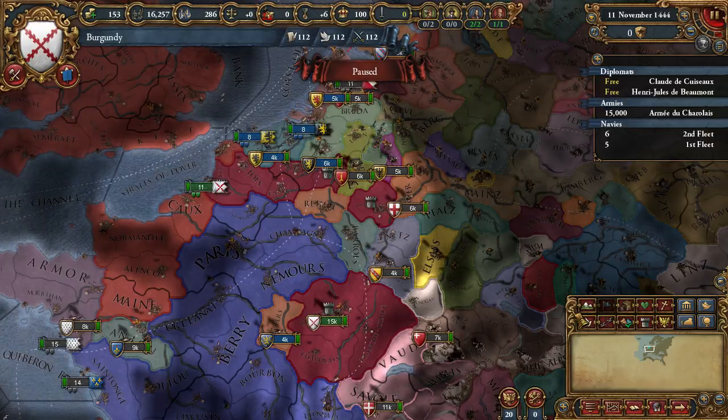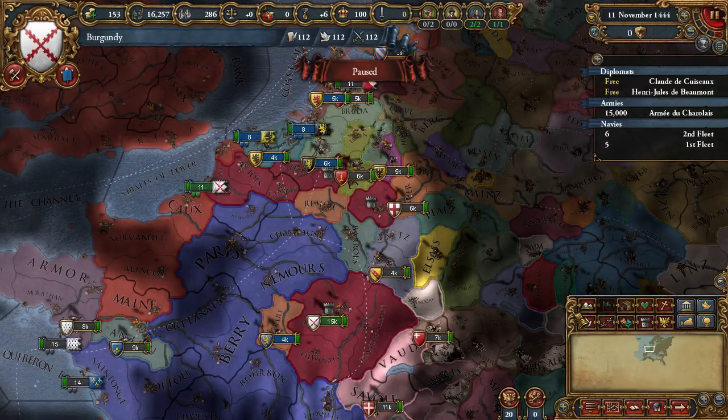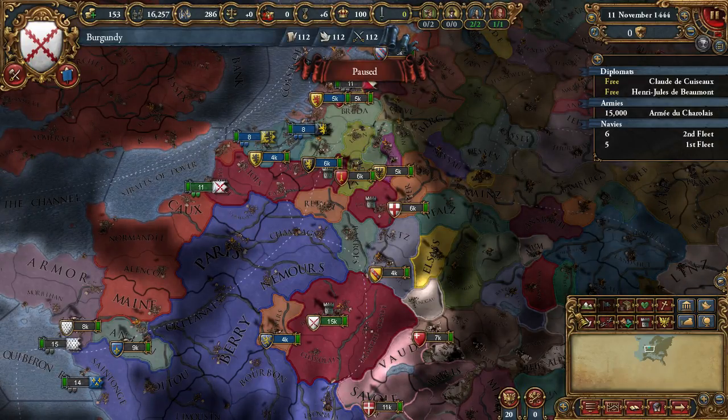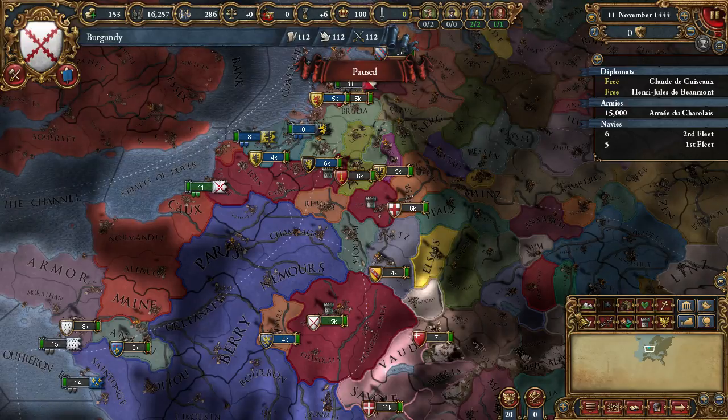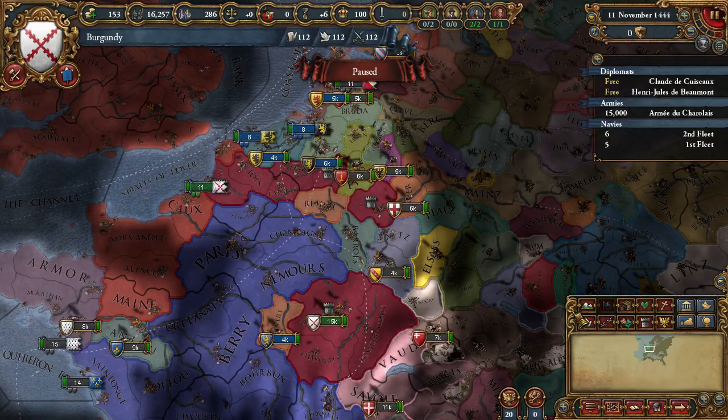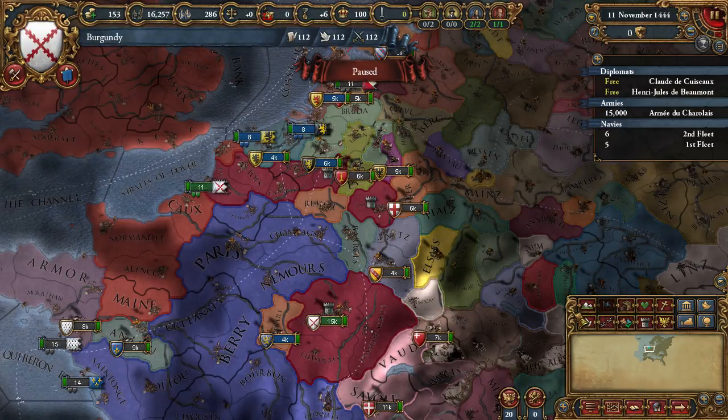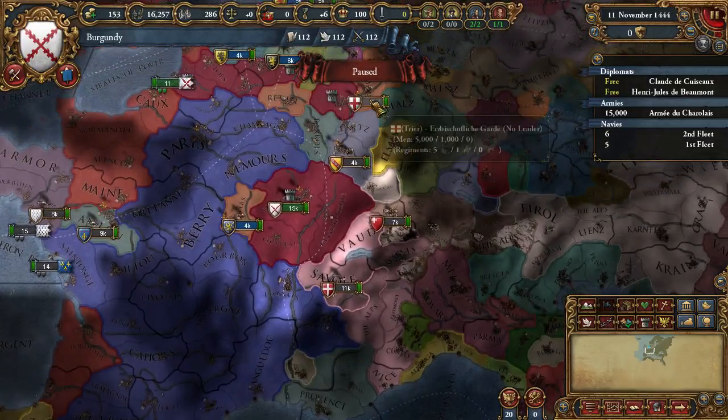He was killed in 1477, and after that the Kingdom of Burgundy was divided between the Holy Roman Empire and the French Kingdom. In the game it is shown as an event of the King of Burgundy dying.